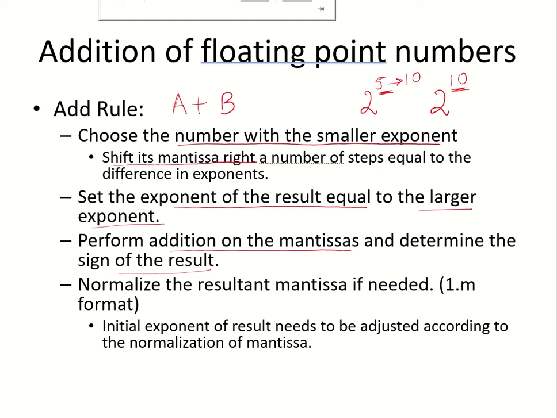The sign of the result will be equal to the sign of the number whose absolute value is larger. Once I have the result of the addition, I will normalize the resultant mantissa so that I have this form, and then I will store the result according to IEEE 754 representation.